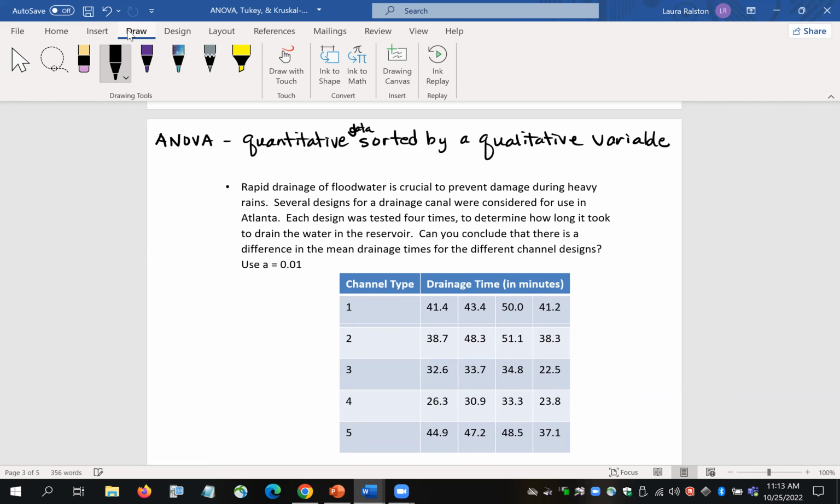Okay, so again, you've got numbers, the drainage time, sorted by the design or the channel design.